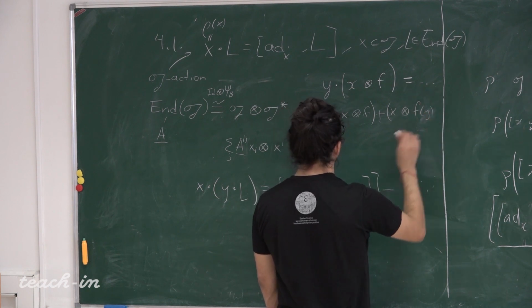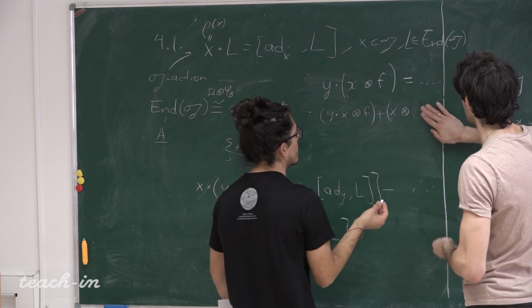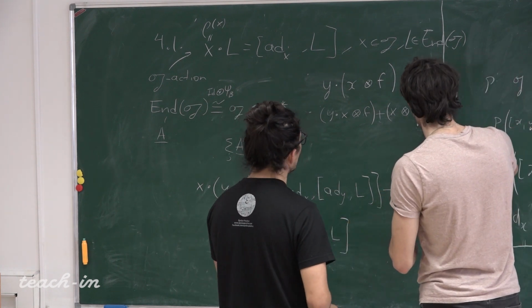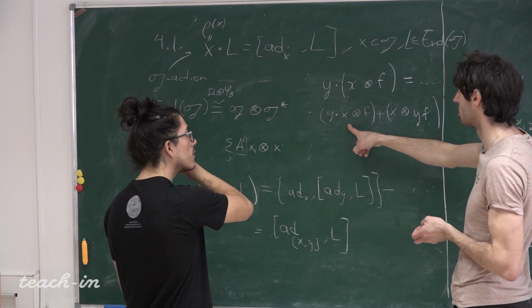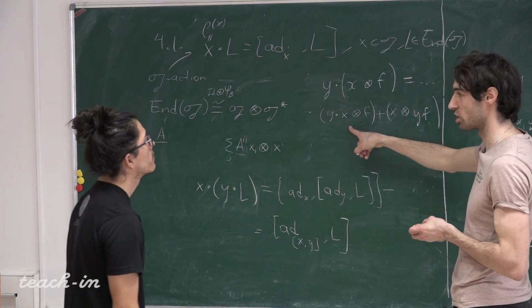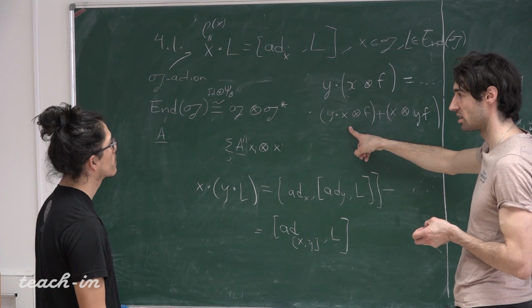So Y applied to F. Now you need to check what it is. This is just the adjoint action, right?